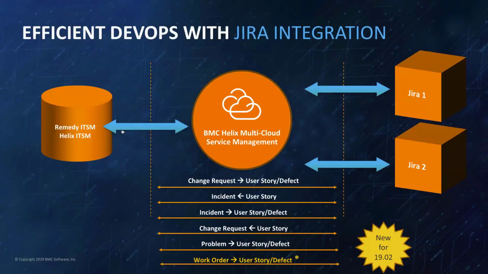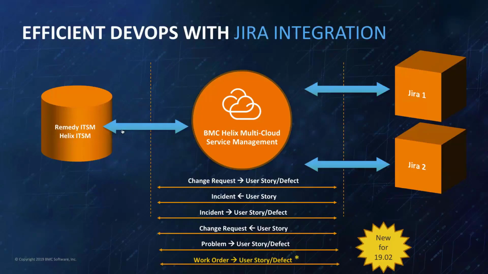This could be Jira systems from an agile development system. That's a common use case, actually the one that draws most interest in our customer base. But it could also be external ticketing systems, for example, that a cloud provider like Amazon uses. So you could broker tickets using this module over into support tools from Amazon, for example, from AWS.